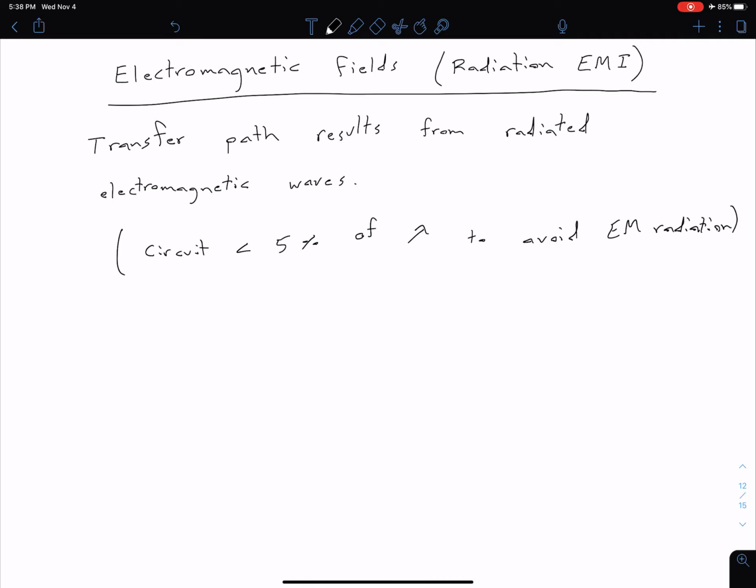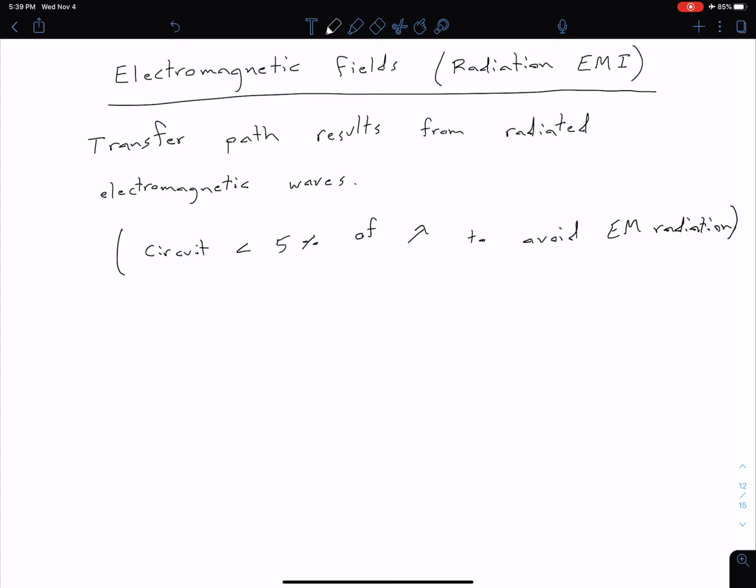And so of course our lambda is going to be related to our frequency of operation. And if our circuit is too big, then we're potentially emitting this electromagnetic radiation, which is losing energy and also potentially interfering with other circuits.